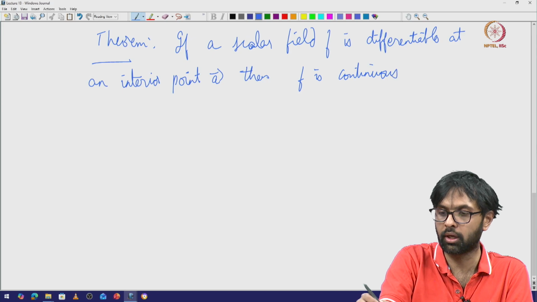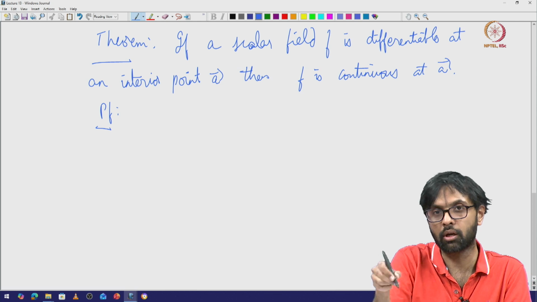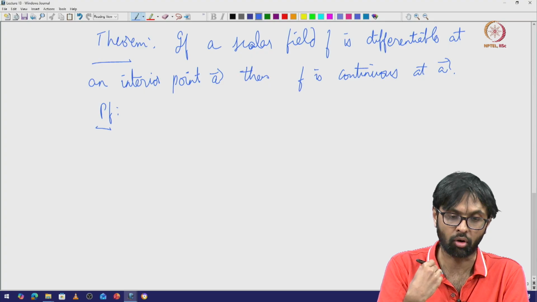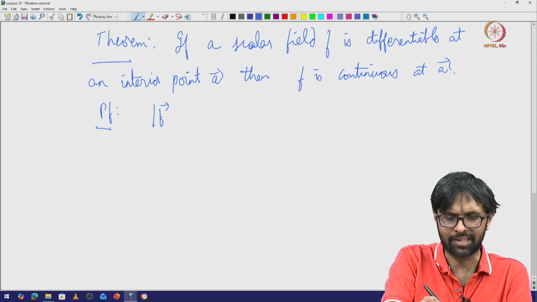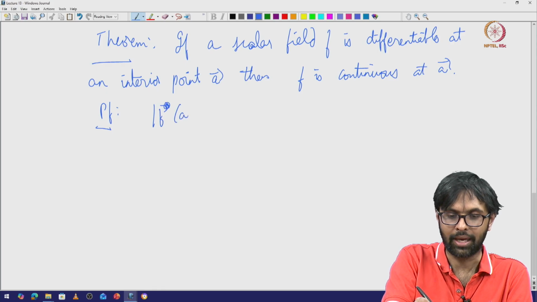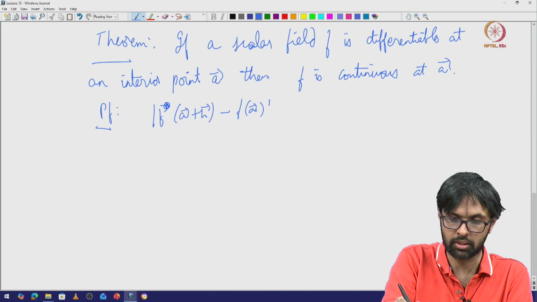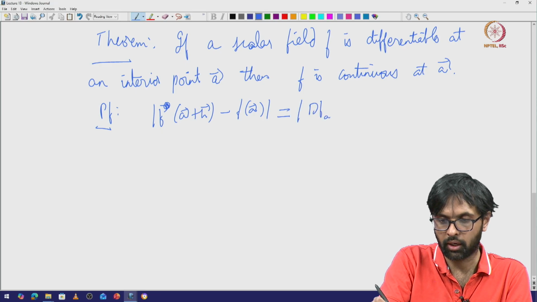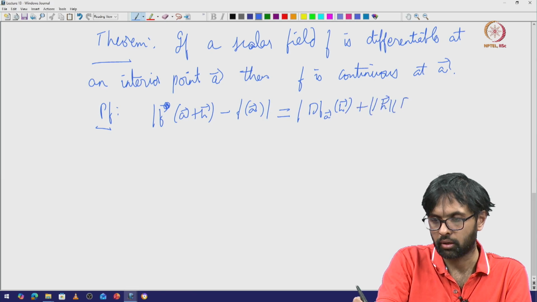So differentiability does imply continuity, as it ought to. If this theorem were false, then the fault wouldn't lie with the theorem, it would lie with the definition, that we made the wrong definition. So how does one prove this? It's a scalar field, and we follow exactly the same strategy as in single variable calculus. We take this and we know what this is equal to. This is the derivative plus the error term, if you will.